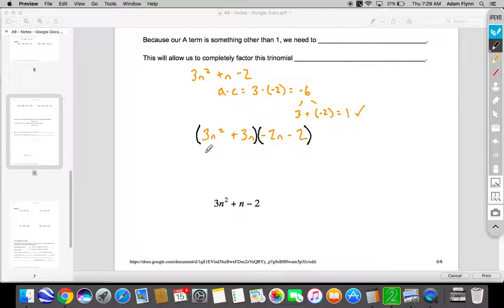My GCF here is 3n, and that leaves me with n plus 1. And my GCF here would be negative 2, and that leaves me with n plus 1. Okay, so notice my terms in parentheses are the same, so that means I factored this correctly.